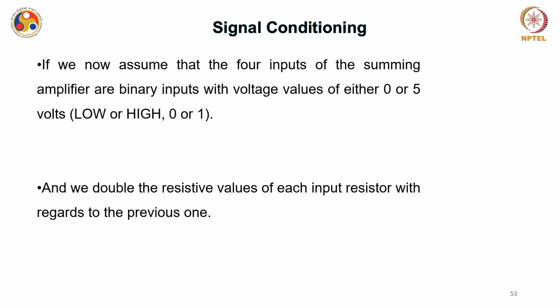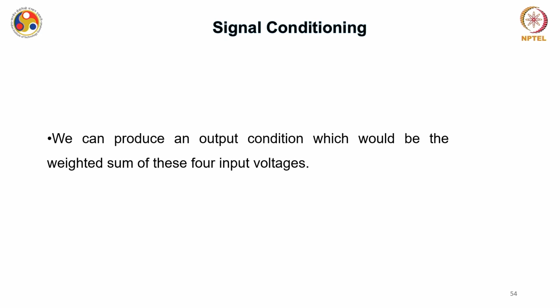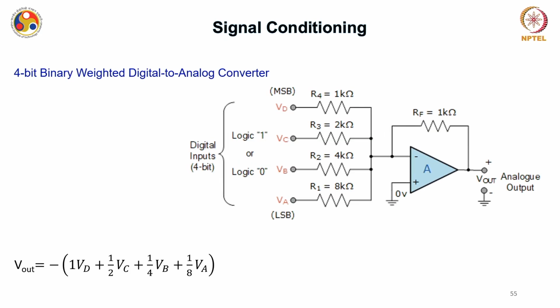Now, if we assume that the 4 inputs of the summing amplifier are binary inputs with voltage values of 0 or 5, meaning either low or high, and we double the resistive value of each input resistance with regard to the previous one, we can produce an output which is the weighted sum of these 4 input voltages. This is one example where a 4-bit binary weighted digital to analog converter is shown, and you can see that these are the weighted resistances we were discussing.